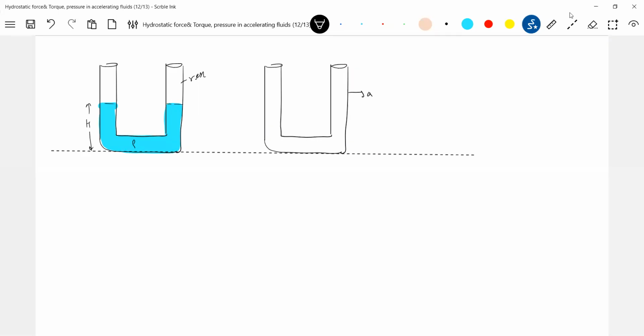These are called limbs. Shall I use the word limbs? So what happened to the level of liquid in the limbs?